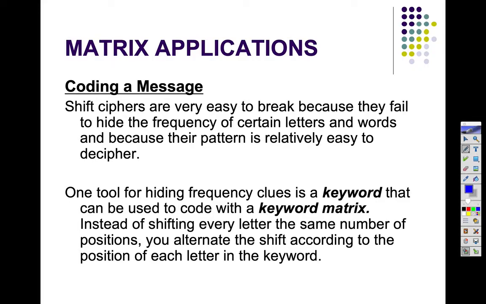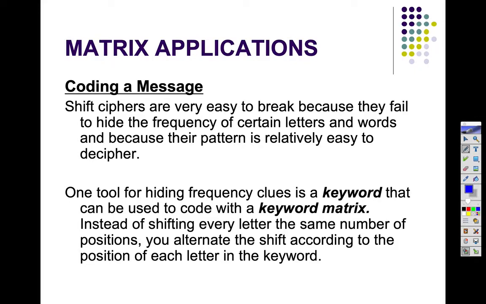The second part of coding messages, which we are going to spend a little more time on, we're going to do the lecture today, get it over with, is using a keyword. If every letter of a shift cipher is shifted the same amount, like a +3, it's very easy to break.